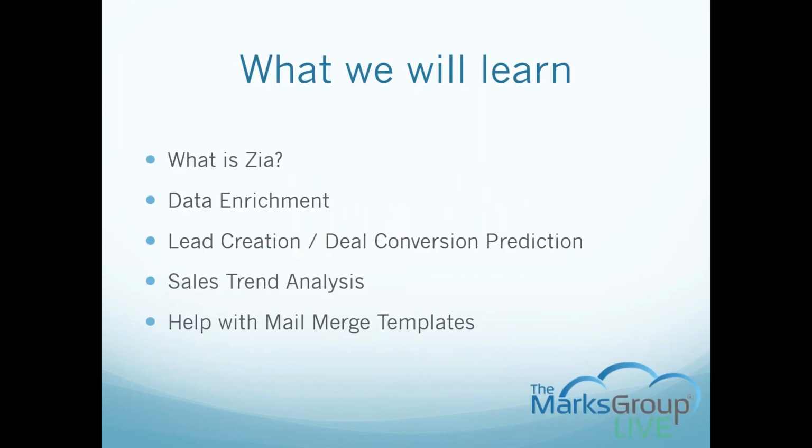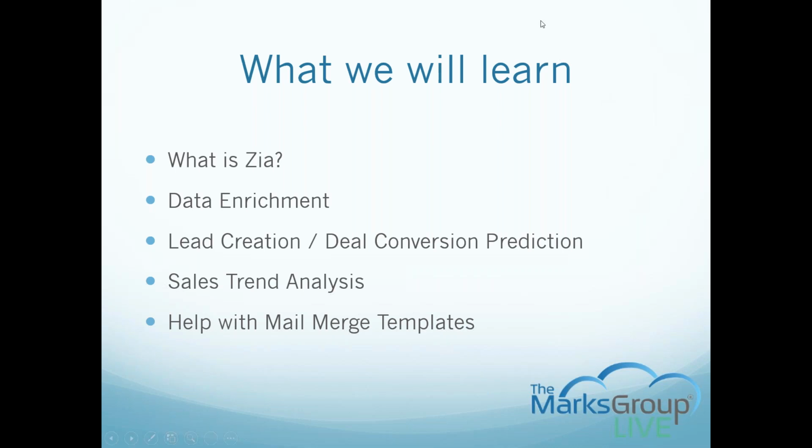Today we're going to cover a couple of the features she can do, which is data enrichment, lead creation and deal conversion prediction, sales trend analysis, and how she can help you with mail merge templates.